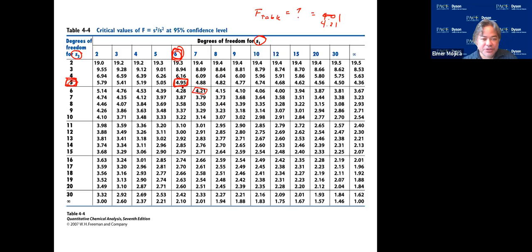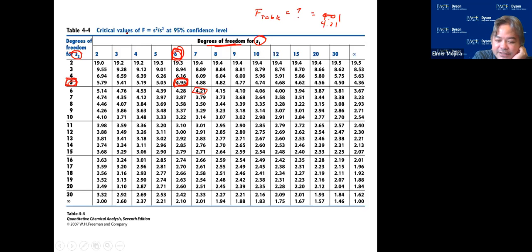So you have there 4.95. Does everybody know why it is 4.95? Remember, this is not the number of replicates. This is degrees of freedom. And degrees of freedom is usually described as the number of observations minus the number of parameters estimated from the observation.